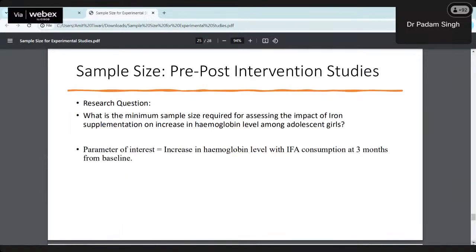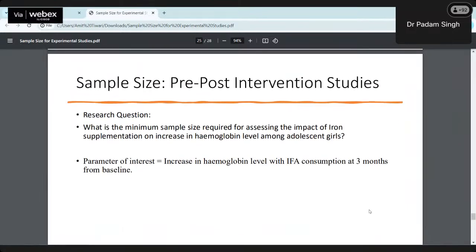अमित, next दिखाइए. Okay. बहुत सारी स्टडीज होती है, इंटरवेंशन स्टडी, इट इज प्री पोस्ट. अभी तक तो हम आरसीटी की बात कर रहे थे, where we have two treatments to compare. But as against this, there could be just one pre-post.